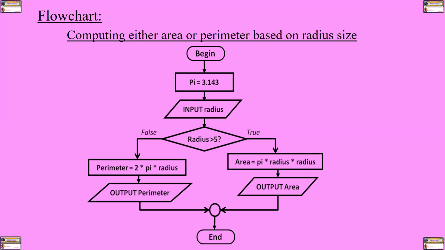Then the condition is radius more than 5? If not, that means if the value of radius is not more than 5, then take the first part and compute the perimeter of the circle using the formula 2 times pi times radius and assign the value to the memory location called perimeter.